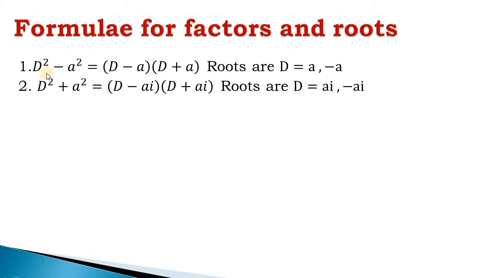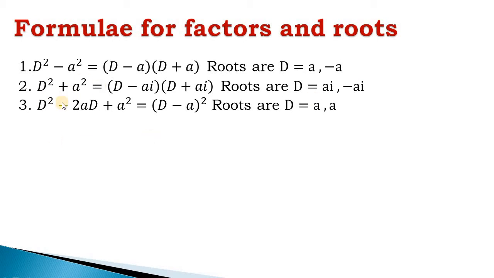So d square minus a square: the factors of this quadratic are d minus a and d plus a, and the roots are a and minus a. But if it is d square plus a square, then the factors are d minus ai and d plus ai, where ai is a complex number, and the roots are ai and minus ai.